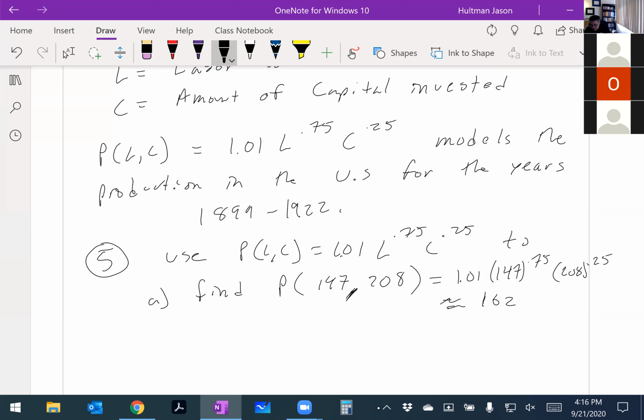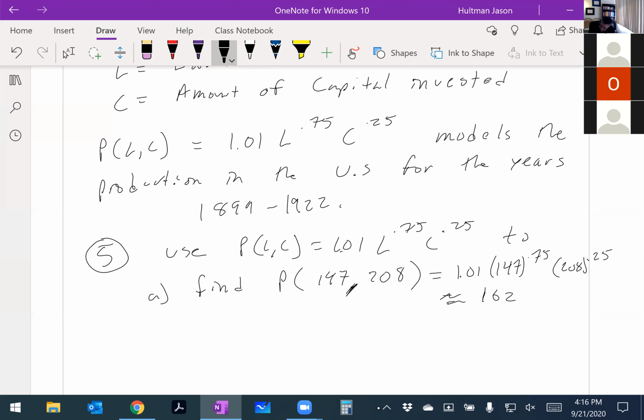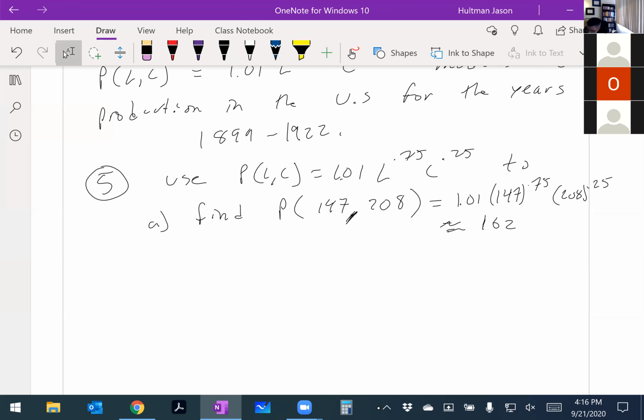This usually is labor hours and dollars, so dollar hours, which is kind of a weird unit, but it is what it is.